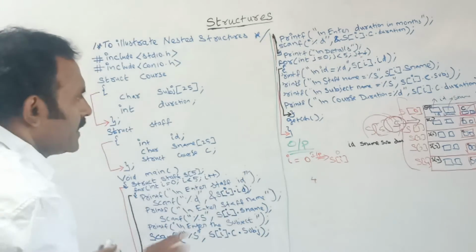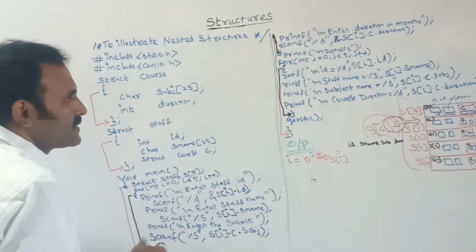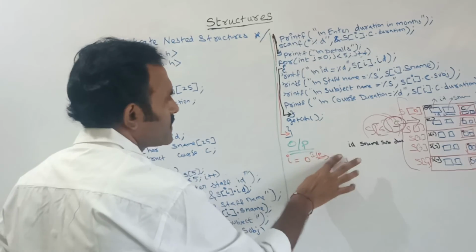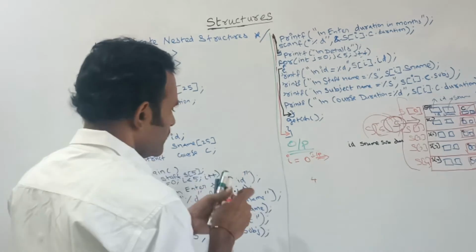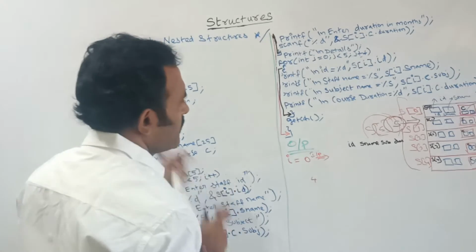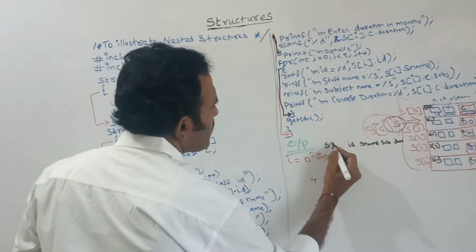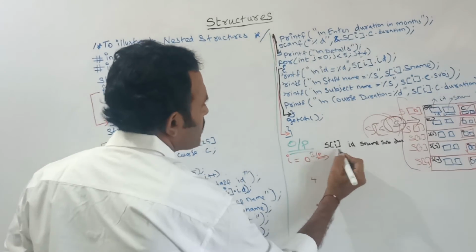Say when I is equal to 0, at s of ith position, these and all. For each and every time I am getting input for s of ith position.